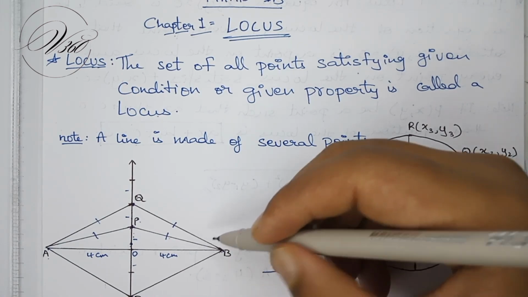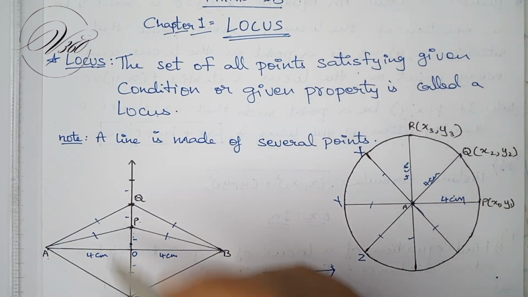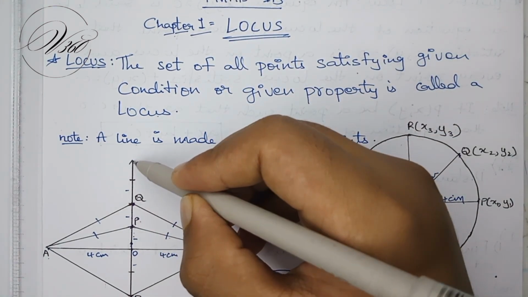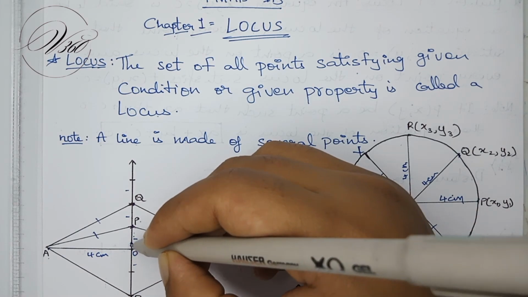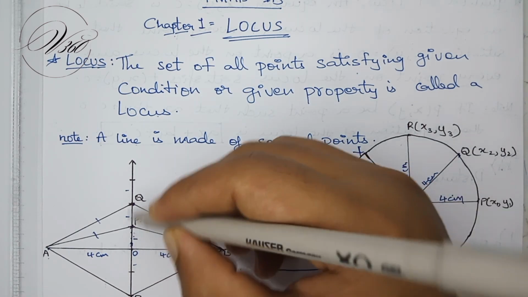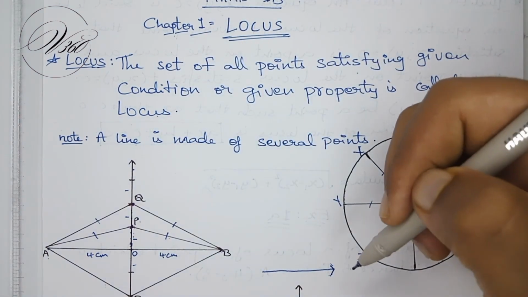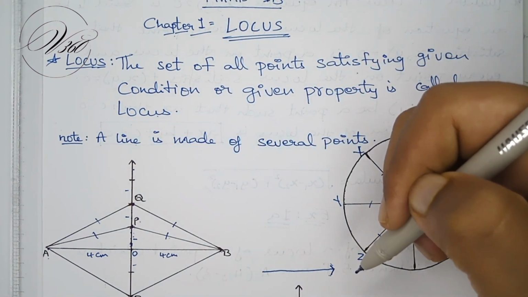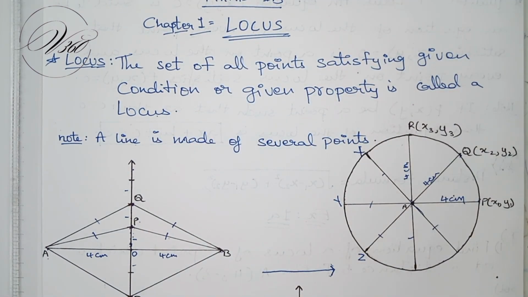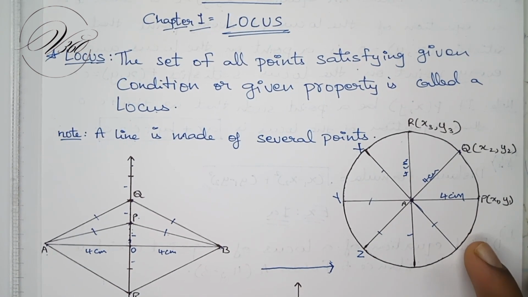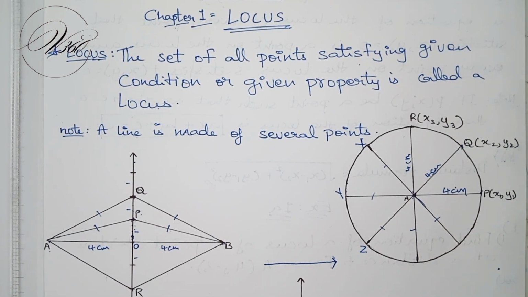I have explained this already, no? All points. From here to here, there are infinite points. If we take this point, this point, this point, or this point, we will get same distance, that is 4 centimeters. Right. So we can convey that this is a locus. I think you may all understand. Let us take few more examples for understanding it better.